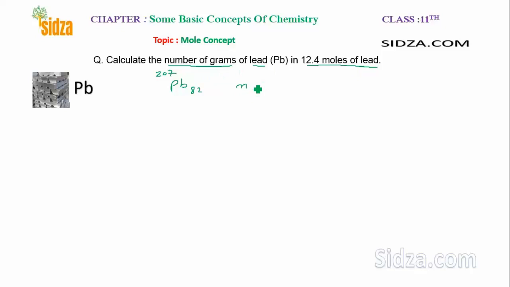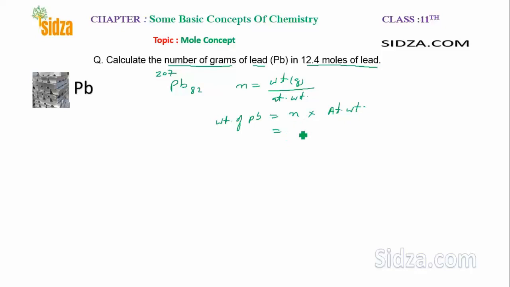We know n is the weight of the substance in grams divided by the atomic weight of the substance. The number of moles we know, we only have to find the weight, and we know the atomic mass of the element. Therefore the weight of the lead will be equal to n, the number of moles, times the atomic weight.